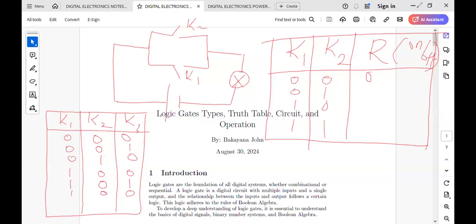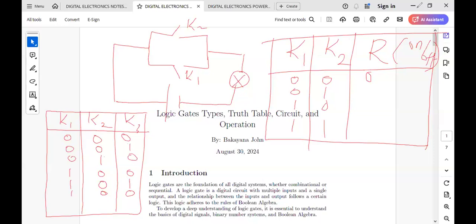To make them understand better, for these 3 switches, remember we are dealing with binary base. Where there is K3, you put 2 power 0, and the result gives you 1. In K2, 2 power 1 gives 2.